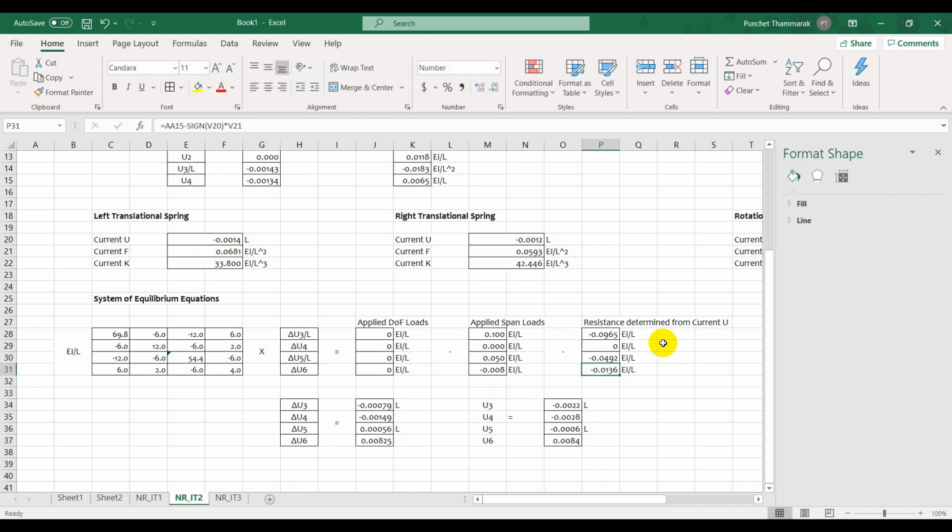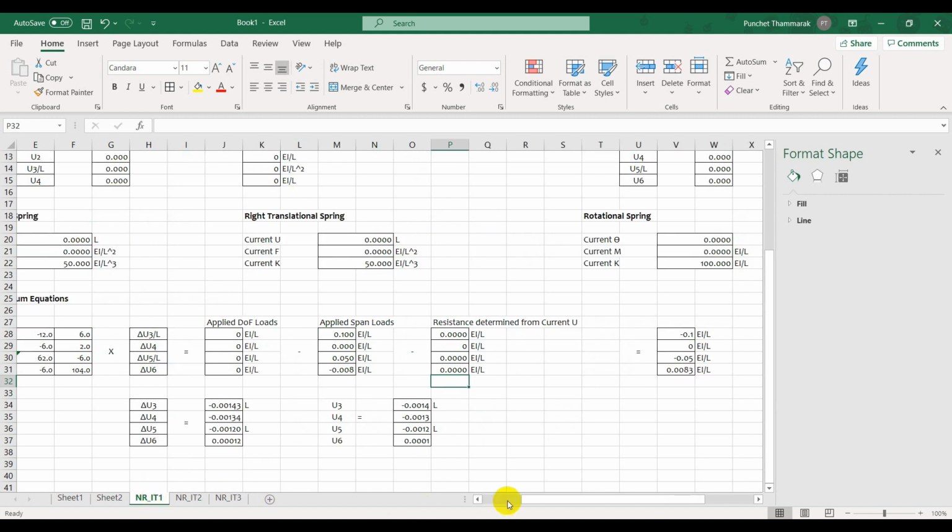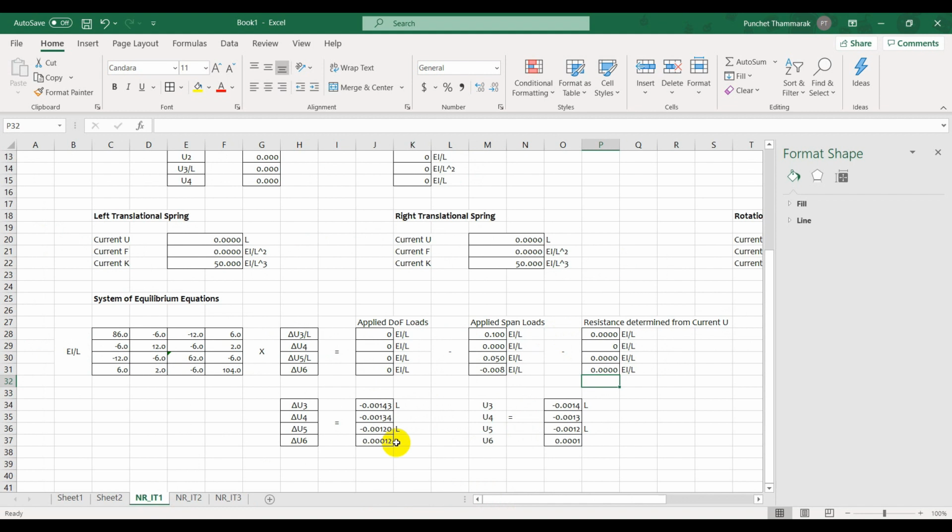If it's not too nonlinear, then we get the chance to come back. Okay, no spring resistance, you get this one, you update this, you get this, and then calculate spring resistance, drop it in, you get this one.